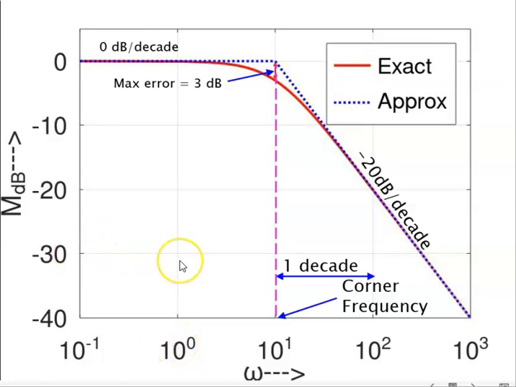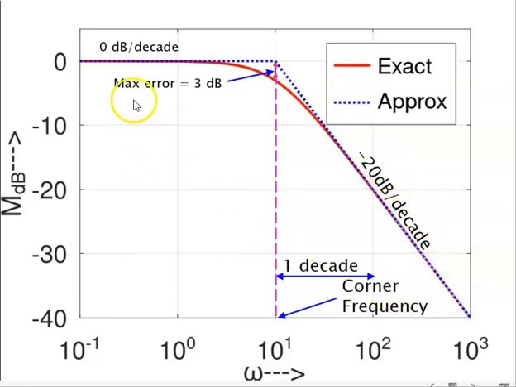So from here to here is 1 decade, from here to here is another decade, and so on. See, at the beginning of the decade the value of the magnitude is 0. At the end of the decade, the magnitude fell down to minus 20 decibels. So we say in 1 decade it reduced by minus 20 decibels. That is the slope of this line.